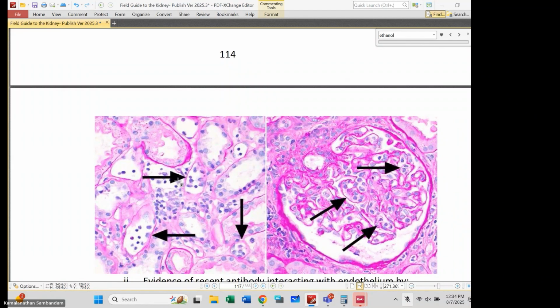If you see a lumen which is very flat because it has only a flattened endothelial cell, you say, okay, that's a capillary lumen. Normally, a capillary lumen should look almost invisible.